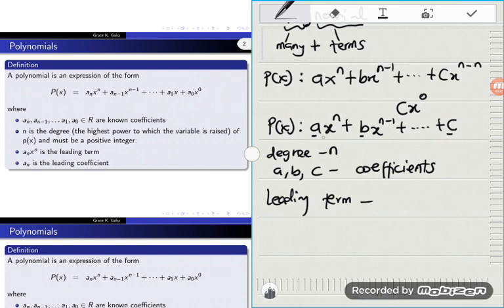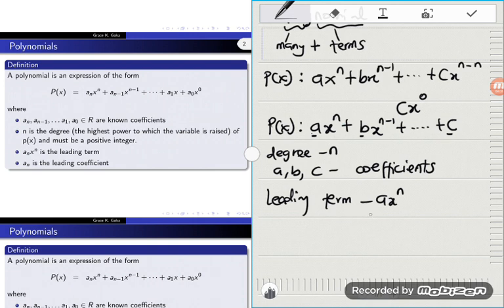Now, since n, which is the highest exponent, can be found in ax to the power n, it means that the leading term is ax to the power n. Now, mind you, ax to the power n is the leading term not because it's the first term you meet when you're going through the polynomial. It is the leading term because it is the term in which the highest exponent can be found.